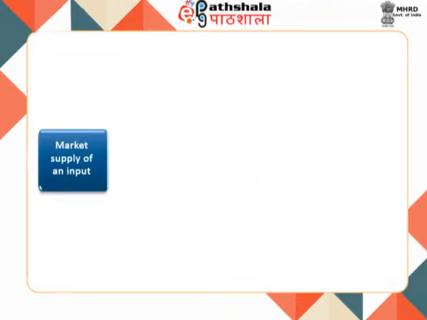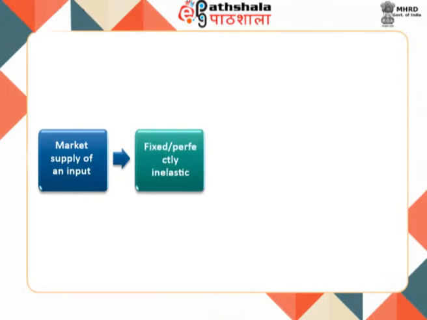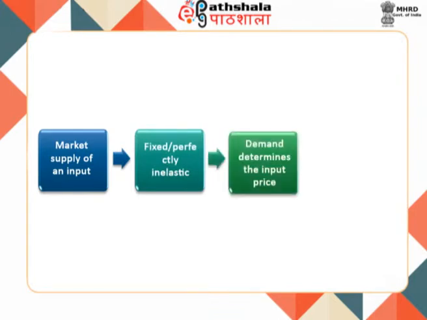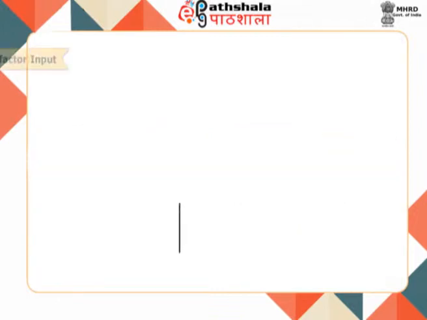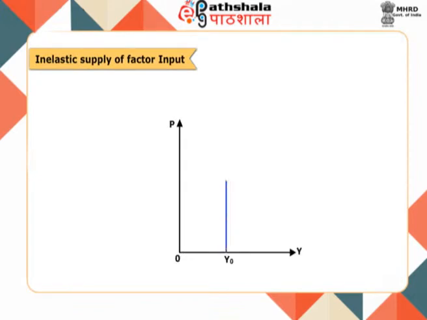If the market supply of an input is fixed or perfectly inelastic, demand alone determines the input price and all of the payment made to the input is rent. Here, the supply curve is parallel to the vertical axis.